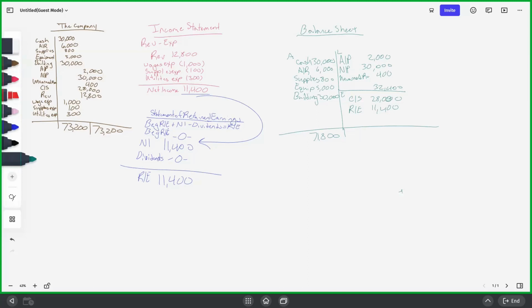All right, what's our total equity? 39,400. What is our total equity and liabilities? 71,800. Is it important that it matches? Yes. On the side, we have to put the total liabilities.